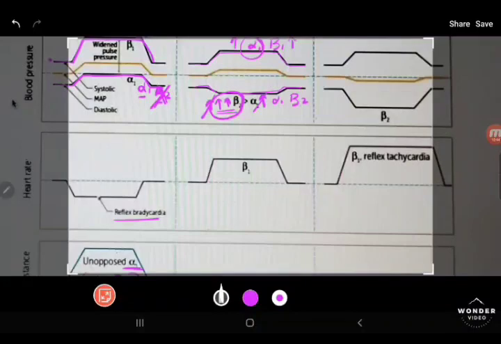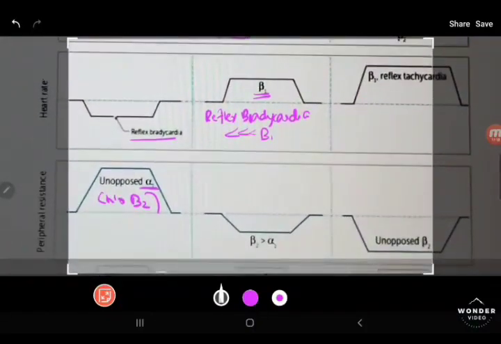We said that whenever there's an increase in mean arterial pressure, it should be sensed by the baroreceptors and there should be reflex bradycardia. Yes, that is what happens, but here the effect of epinephrine on beta 1 is so high that it overcomes the reflex bradycardia, and what we see in return is increased heart rate. And since beta 2 is going to be more than alpha 1, we will see the reduction in your total peripheral resistance.